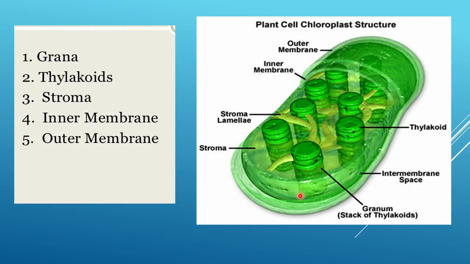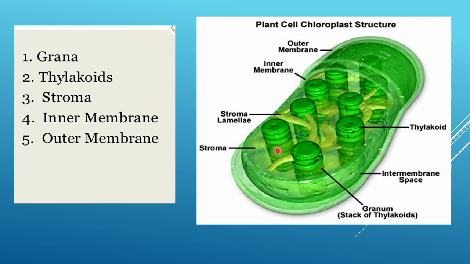The inner membrane encloses a space which is filled with a gel-like fluid called stroma, and this stroma contains many enzymes which help in the process of photosynthesis. The stroma has within it some stacked structures called thylakoids.